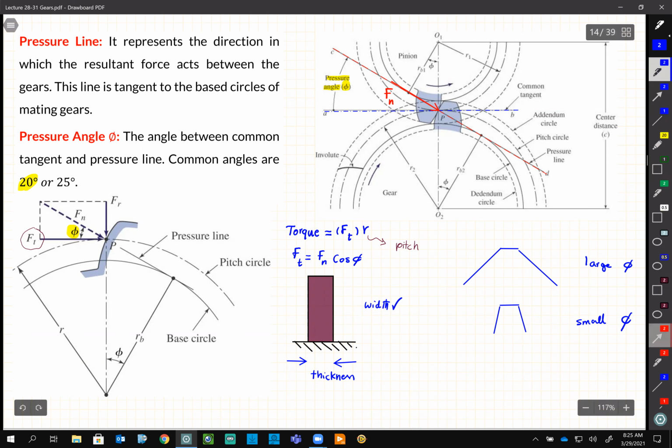And at a point of contact, you have two loads. One is Ft and one is Fr, which you know Fr is Fn sine phi.